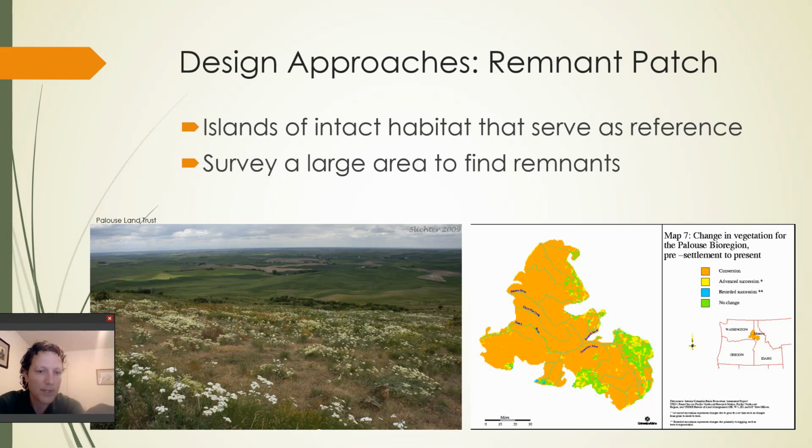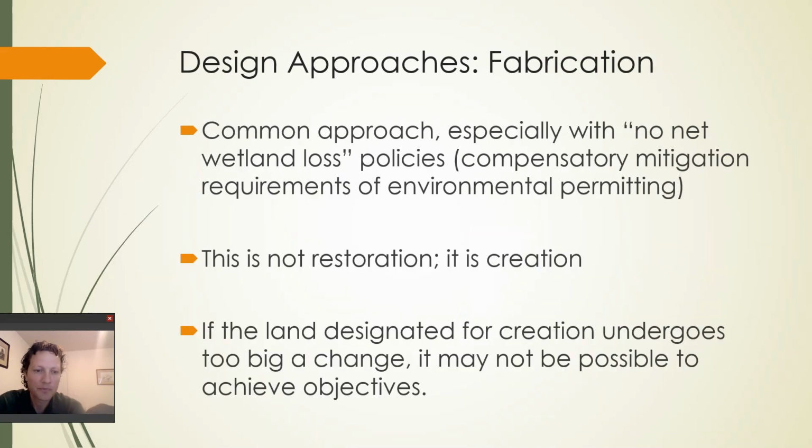One of the reasons we're seeing so many listed species is that fragmentation. So this might be the type of project that you end up working on as a project manager. And the scale of the individual projects may be small, but the cumulative impact of restoring the landscape bit by bit by bit can have a meaningful effect.